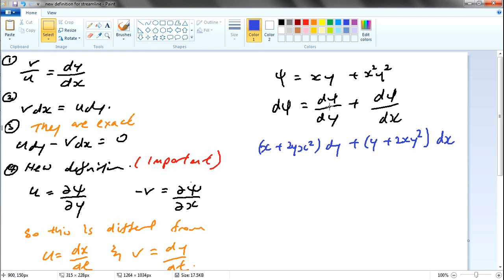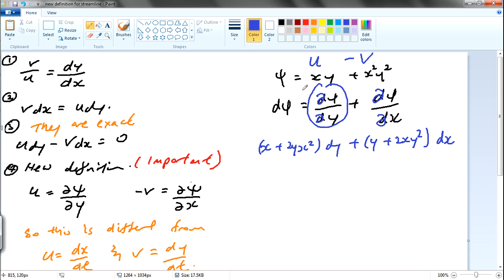So this is how we have this. As you can see, our dz is divided by dy, so you can say that it's a partial xi partial y in a sense. In this case, if you take this as u and you take this thing as minus v, you have this equation.